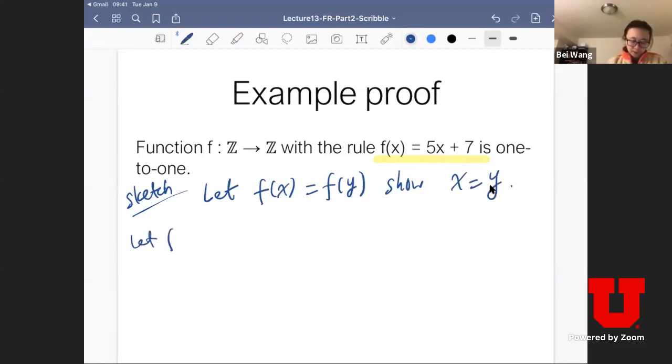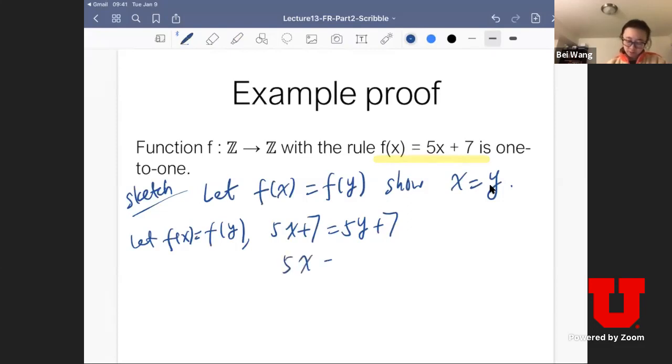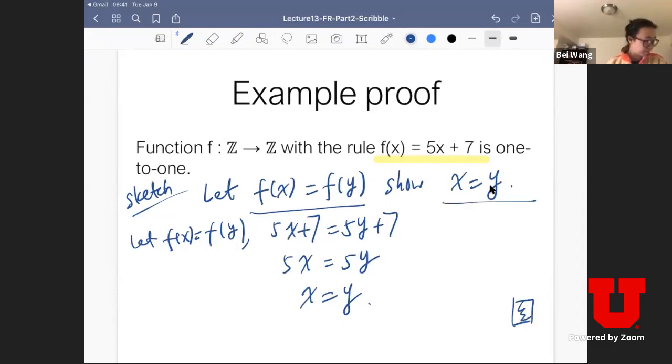So let f(x) is equal to f(y), which means 5x plus 7 is equal to 5y plus 7 by substitution. Minus 7 from both sides, we have 5x is equal to 5y. Both divided by 5, I have x equal to y. So I just showed if f(x) is equal to f(y), x is equal to y.